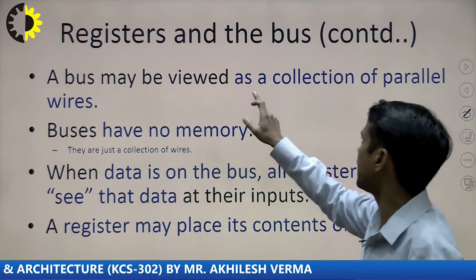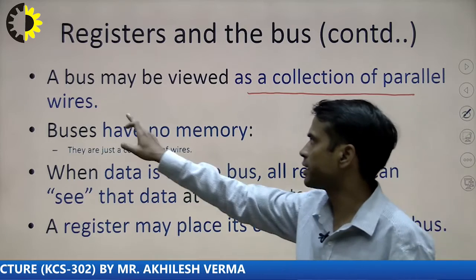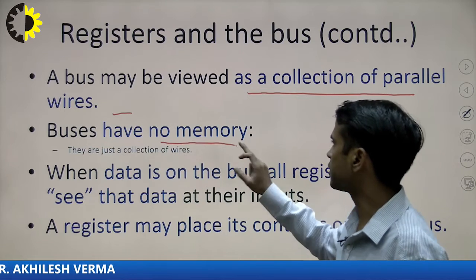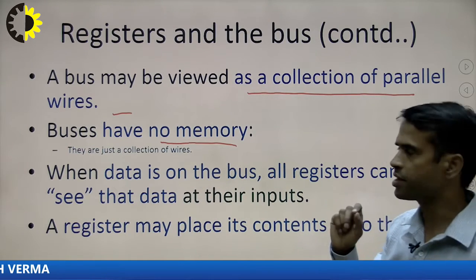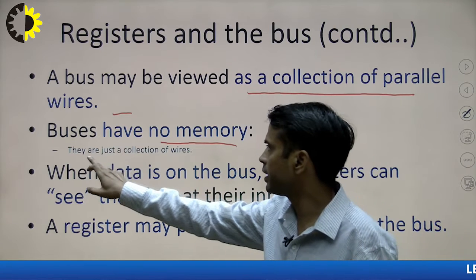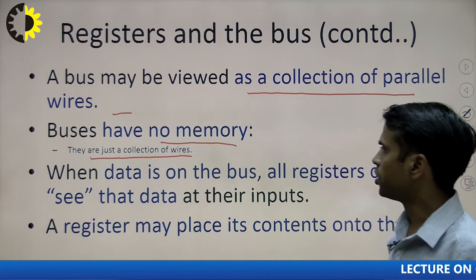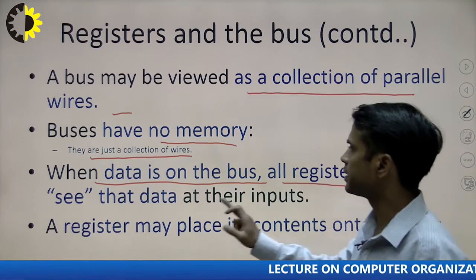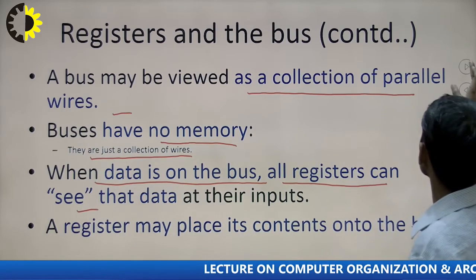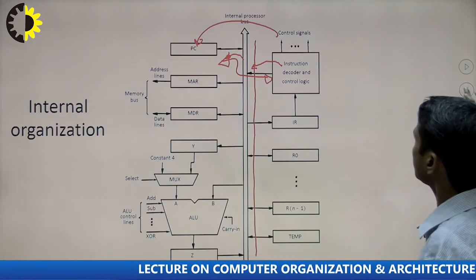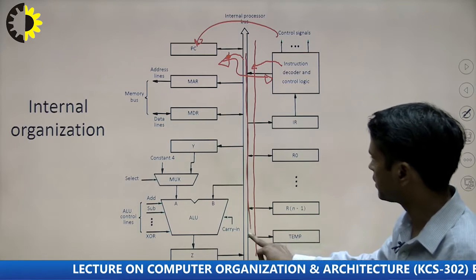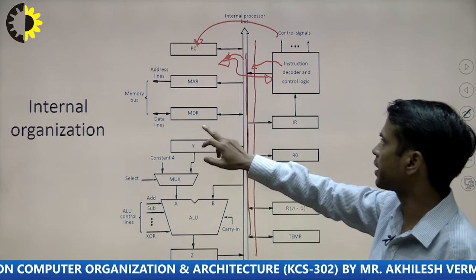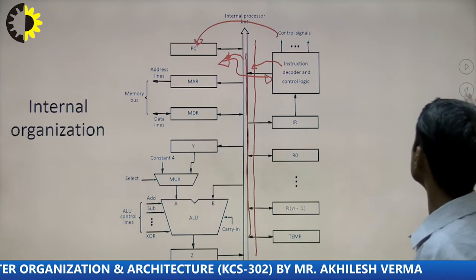Bus may be viewed as a collection of parallel wires that we have already seen, and a very interesting thing is that the bus has no memory, it does not store any information, it is only a collection of wires. So, when data is on the bus, all the registers can see it. When any data is available in this channel of the bus, it is seen by every register. PC can also see, MAR can also see, MDR can also see, and IR can also see.